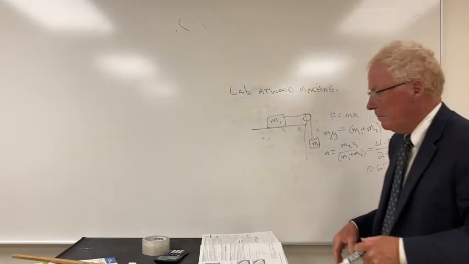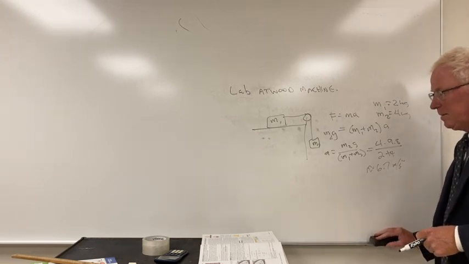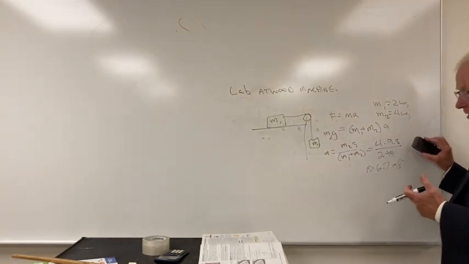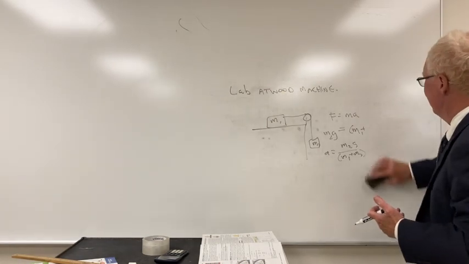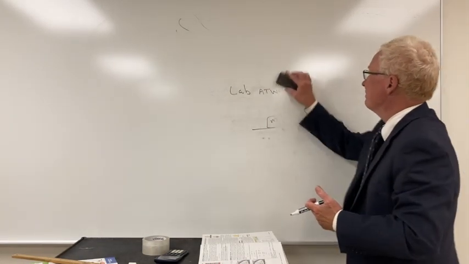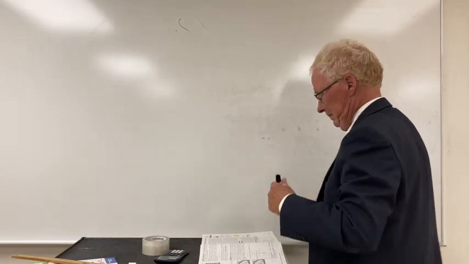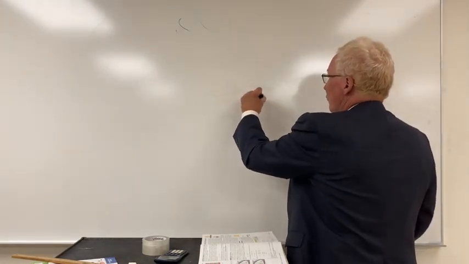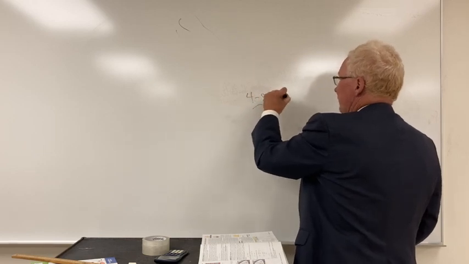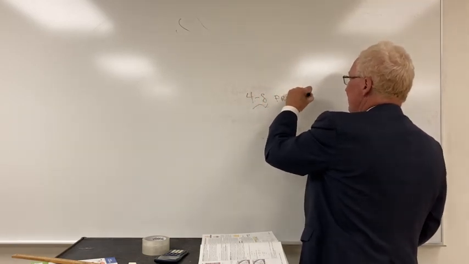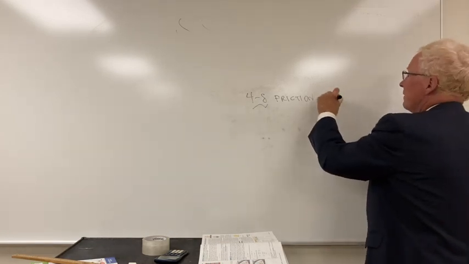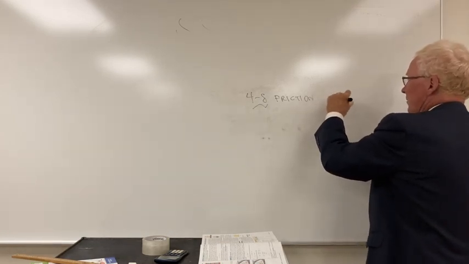Last thing we're going to do is talk about the last section, 4.8, and this will be on friction. In this case, I'm only going to be doing friction on a horizontal surface.